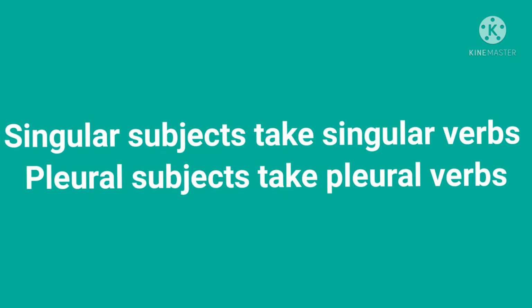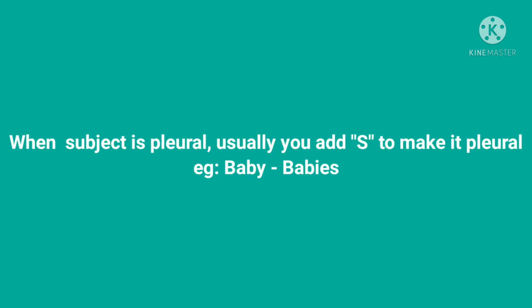Usually singular subjects take singular verbs, and plural subjects take plural verbs. But in the present tense, nouns and verbs agree in the opposite way. I will make it more clear. When your subject is plural, usually you add s to the noun. For example, baby becomes babies.